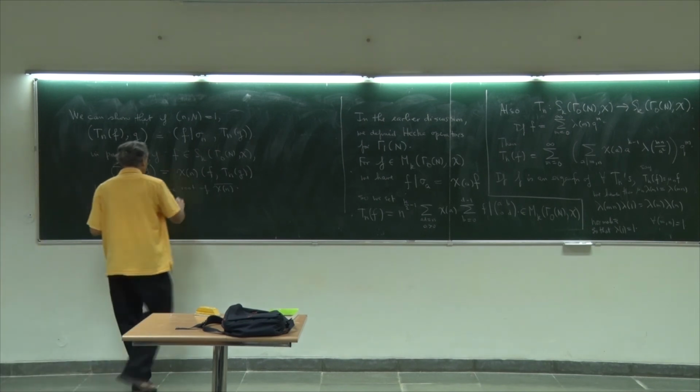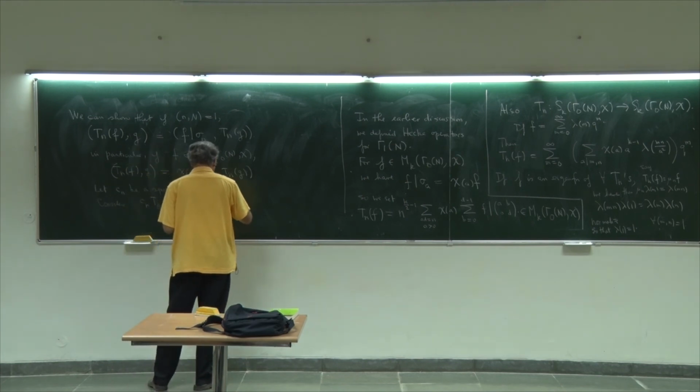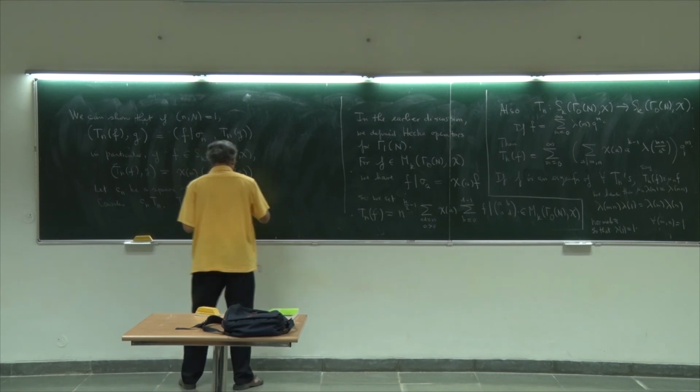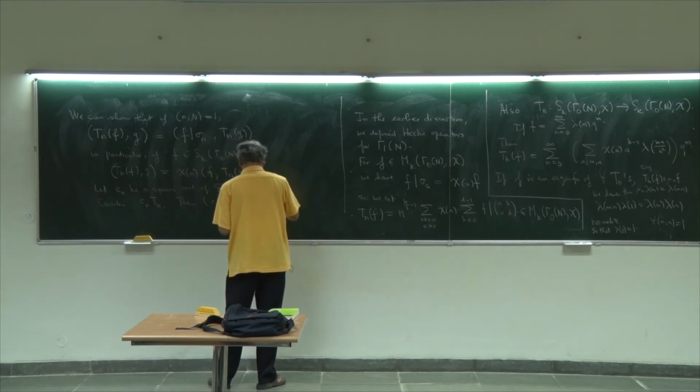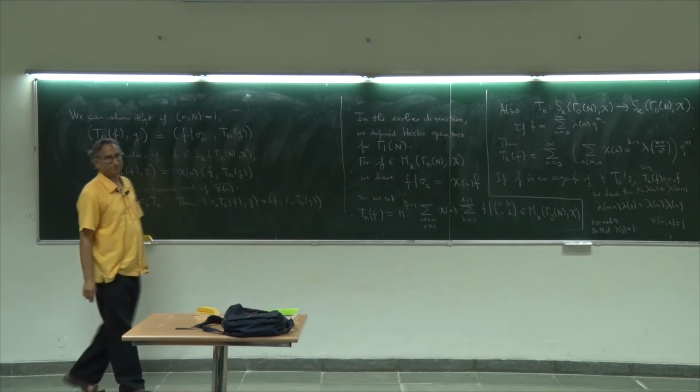Then Cn Tn of f and g turns out to be equal to f and Cn Tn of g. So this Cn Tn is a Hermitian operator.